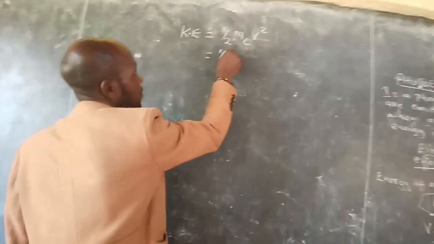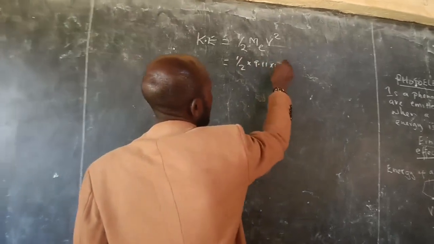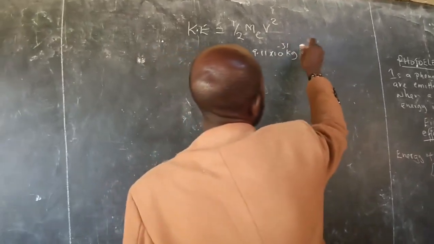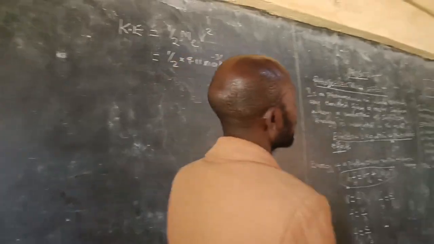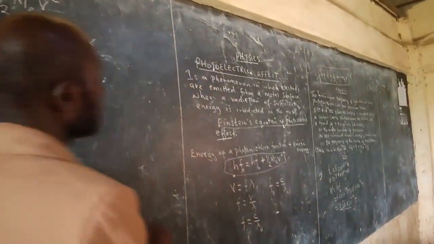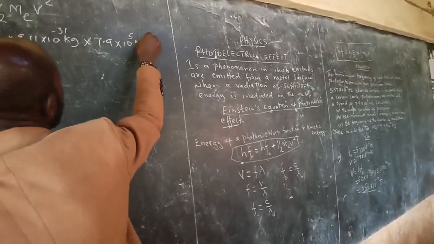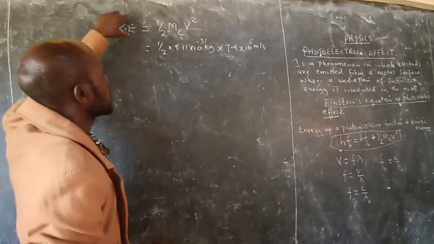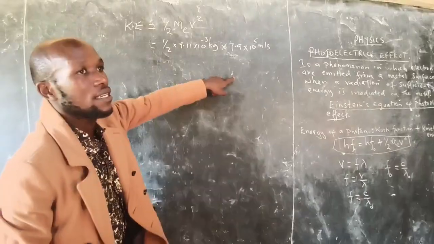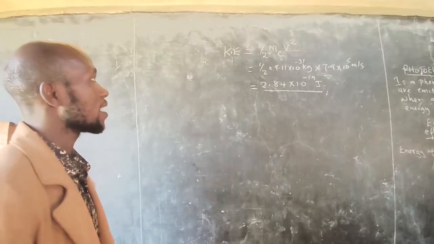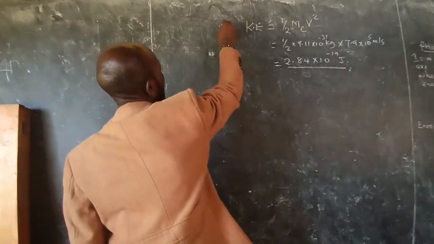Therefore, this is a half times 9.11 times 10 raised to power negative 31 kilograms multiplied by the velocity, which we are given as 7.9 times 10 raised to power 5 meters per second, squared. We are talking about energy, therefore our units will be in joules.